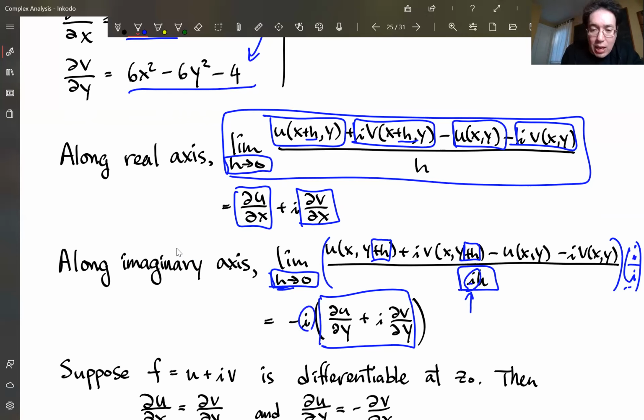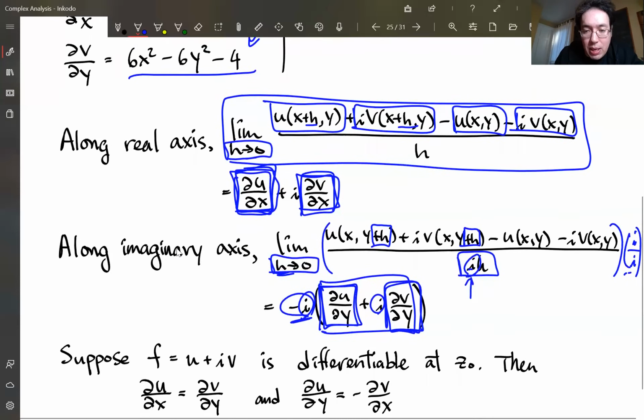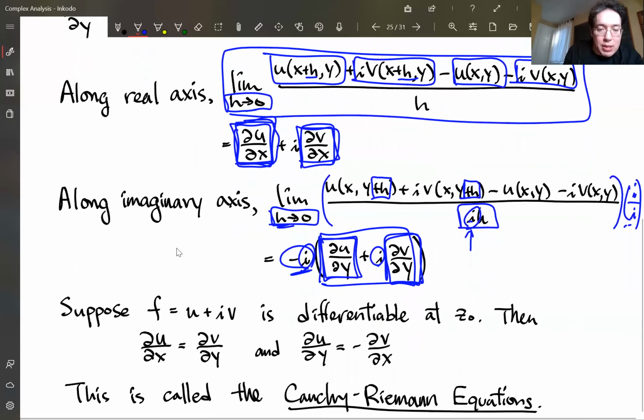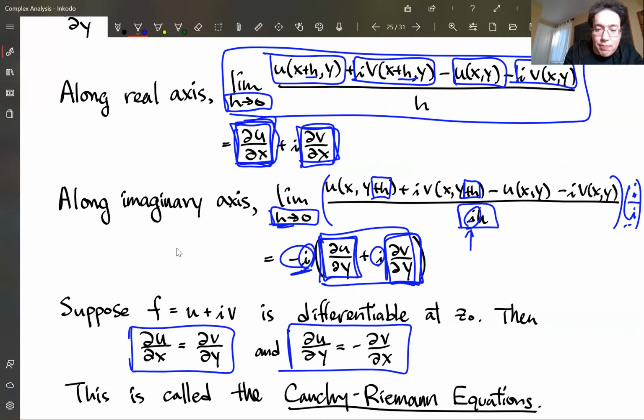And then again, the imaginary part has to also agree when you take the derivative. Just summing it up, this is the relation that we get. This is the same relation we had before. We're going to call this the Cauchy-Riemann equations.